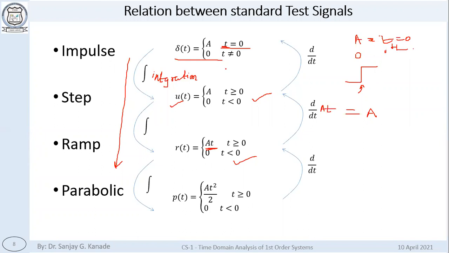So in this way, impulse, step, ramp and parabolic signals are related to each other: impulse to step, step to ramp, ramp to parabolic. You can remember the sequence: impulse, step, ramp and parabolic, and note down that when going from impulse to parabolic, you apply integrations.